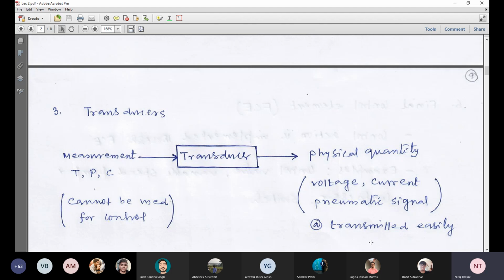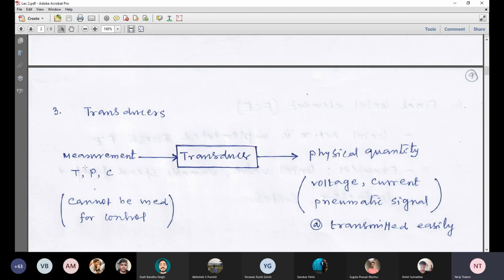Many measurements cannot be used for control until they are converted to physical quantities. Physical quantities means like electric voltage, current, or pneumatic signal. It's very simple, like you are measuring temperature.